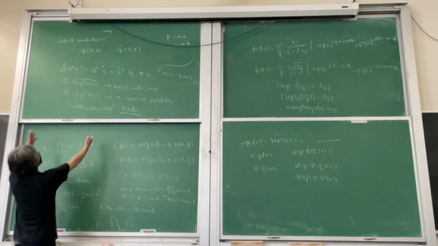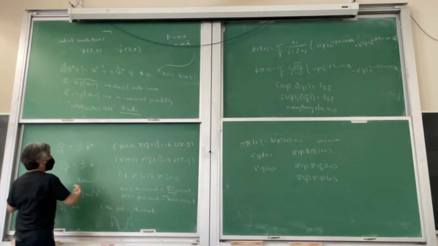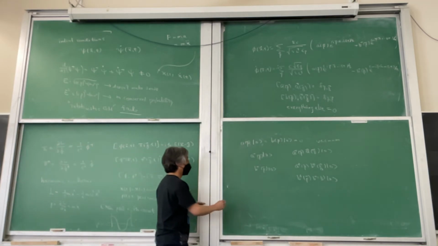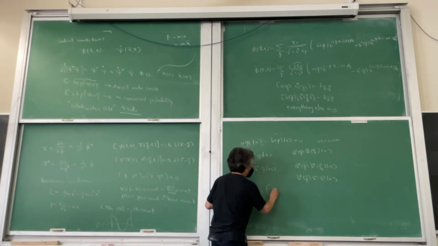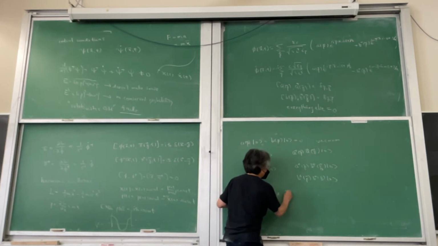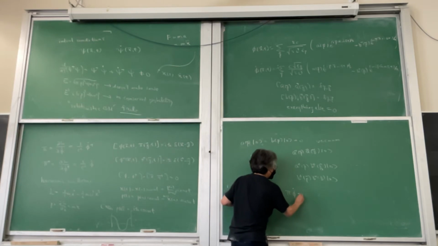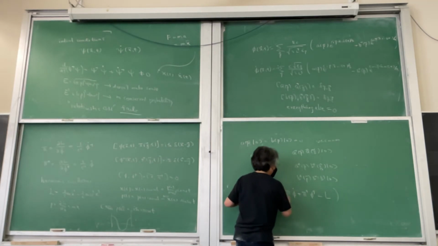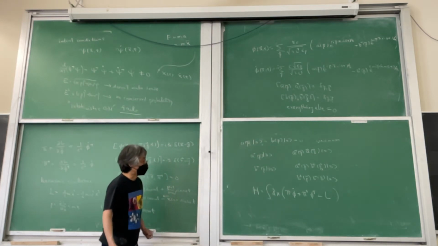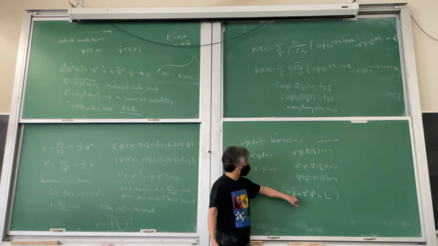And also you have the Lagrangian, and from the Lagrangian you can define the Hamiltonian, which is pi phi dot plus pi dagger phi dagger dot minus L, because I have two independent variables, pi and pi dagger.